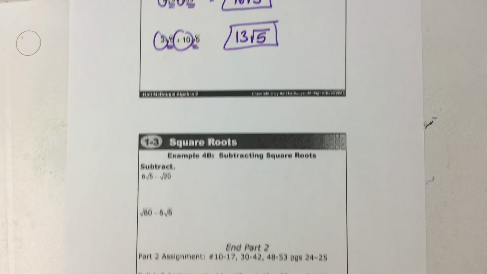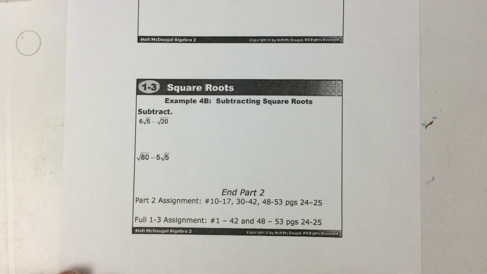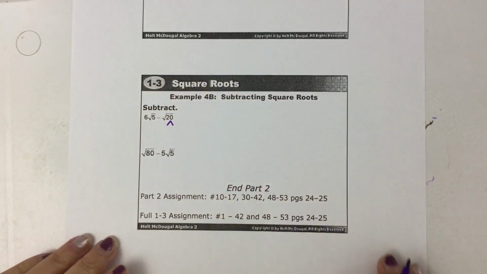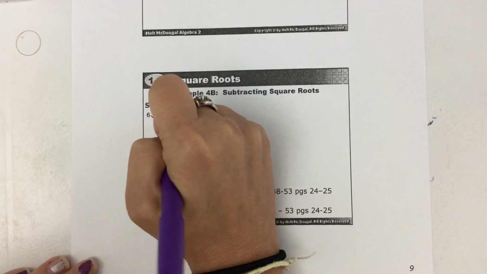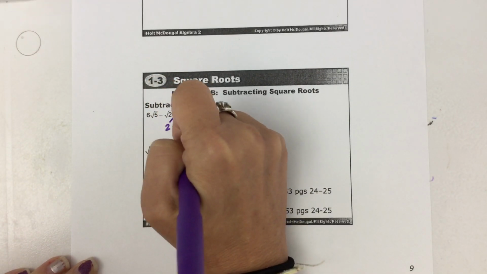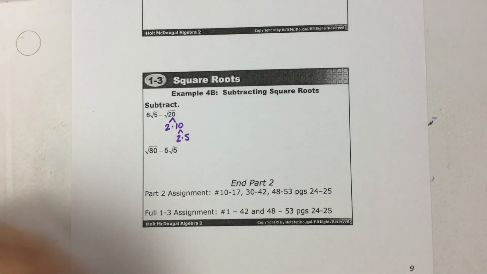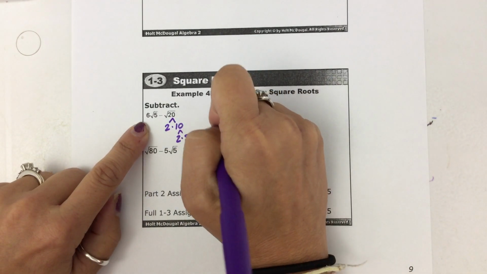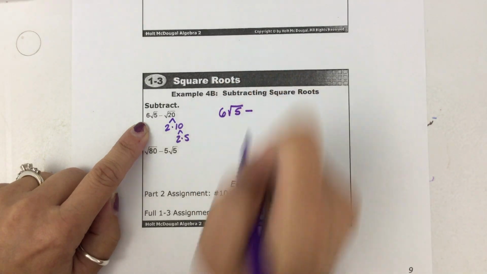Okay, there are times, though, where you have to simplify first. Like 5 can't be broken down, but 20 can. 20 is 2 times 10, and 10 is 2 times 5. I know I can simplify it because I have 2 2's. So the 5 stays, so 6 square roots of 5 minus.